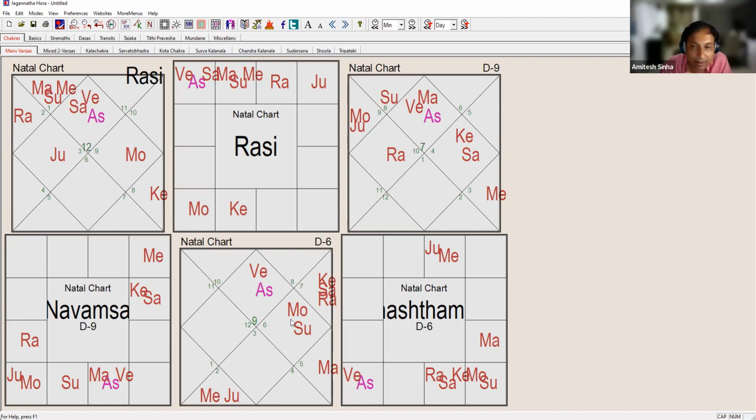It means Moon is involved here. As I told you, Lagna and Moon both should be in some affliction to show surgery, that is major surgery. Without Lagna and Moon, that is not possible at all.